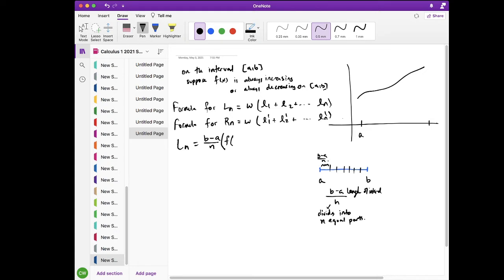So here's AB, and the point after here is A plus B minus A over n. So what's your first F?